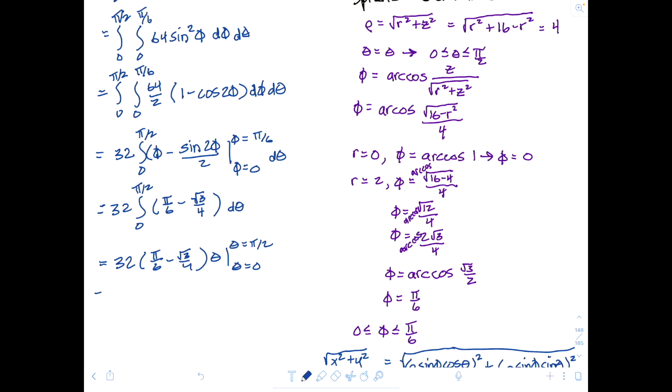We will have 32 times pi over 2. I'll start working to simplify. Common denominator of these two would be 12. So we would have 2 pi minus 3 root 3 all over 12.